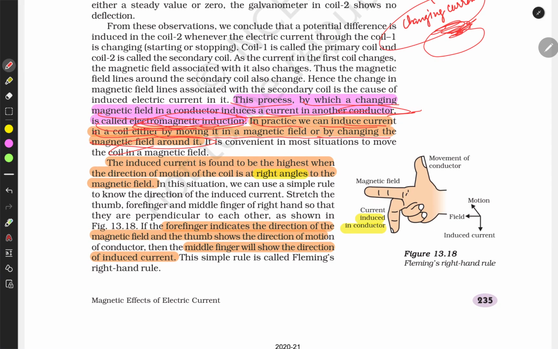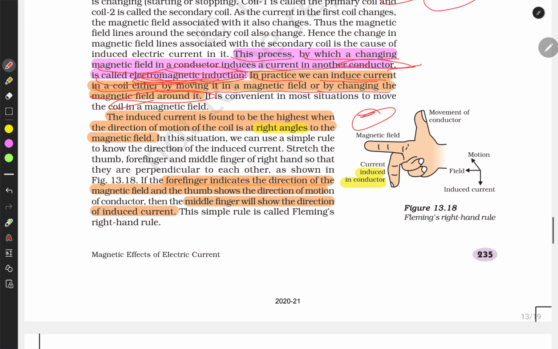So there must be a relative movement between the wire, either a wire or solenoid, and the magnetic field. If there is a relative movement between them, the current will be induced. Why does current get induced? Because it induces a potential difference.